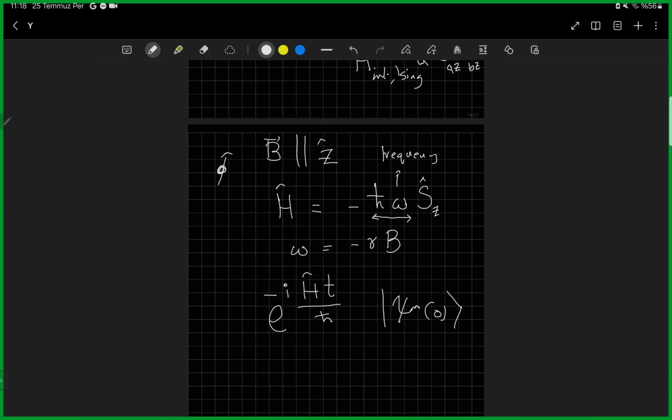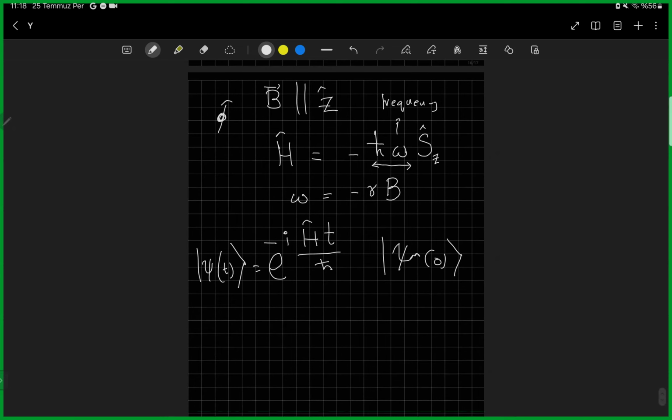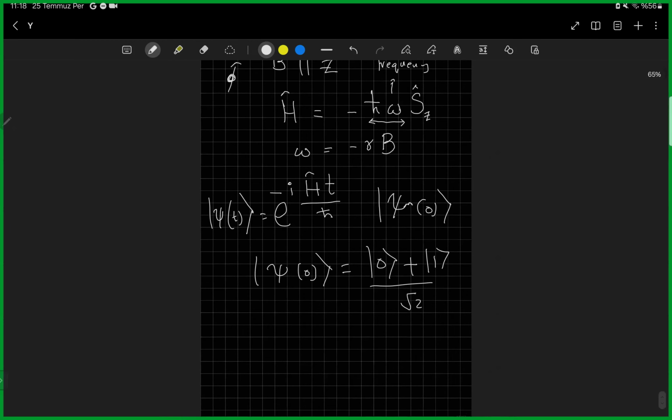This is the solution to the Schrodinger equation. So at some later time, this is what the quantum state is going to be. Now, imagine your initial quantum state at time 0 is in a superposition, and this is your Hamiltonian.